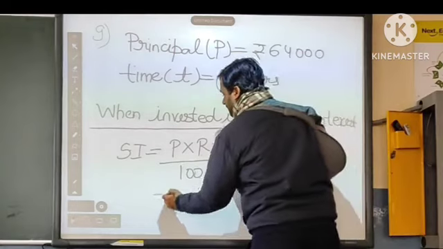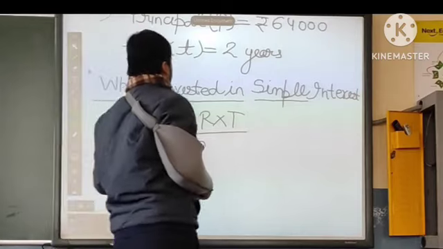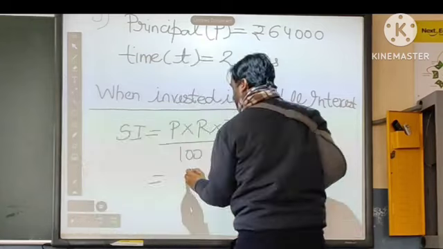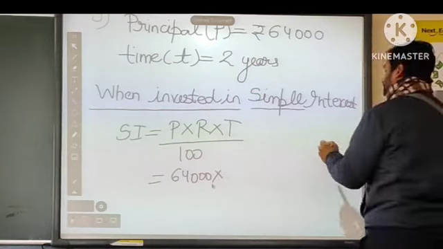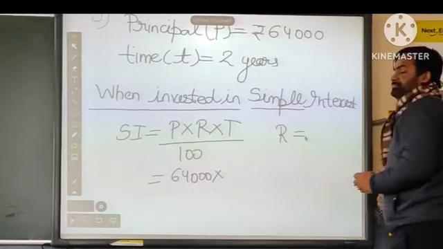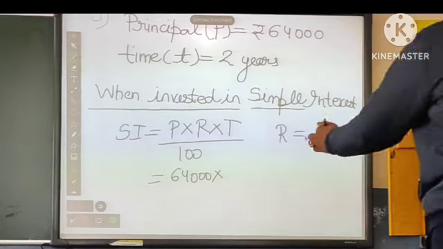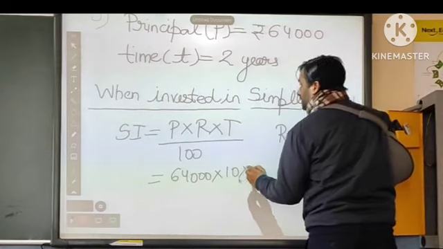Let's use this formula here, with principal 64,000. Now what is the rate of interest here? What is R for this question? 12%. No, it is 10%. R is 10%. So 10. How much time duration? 2 years.